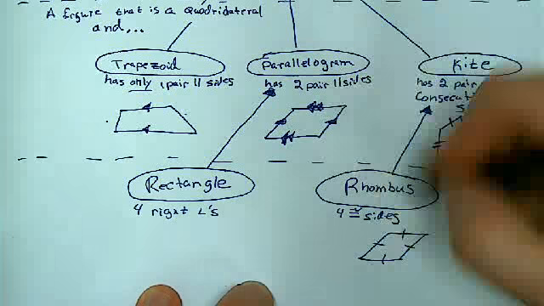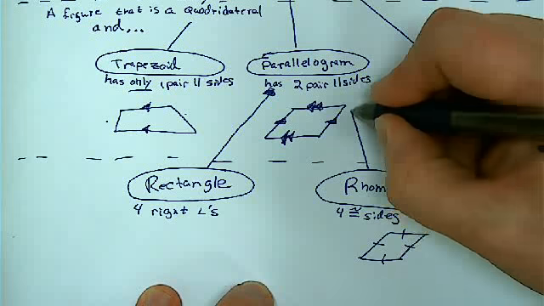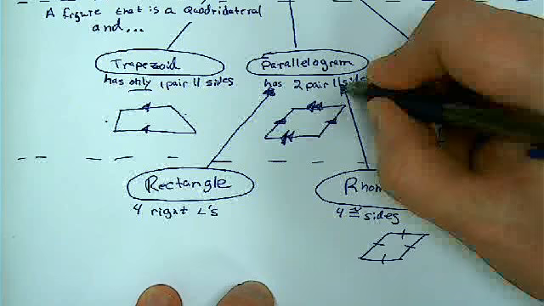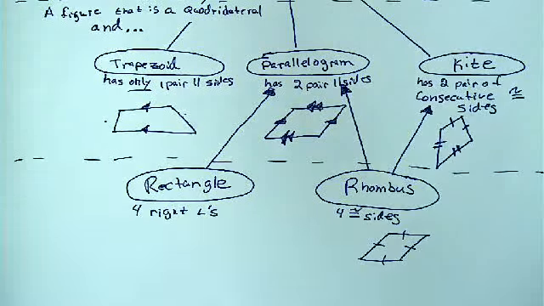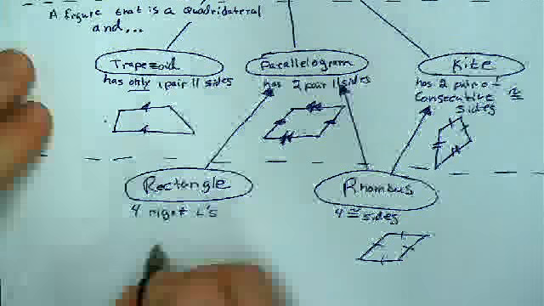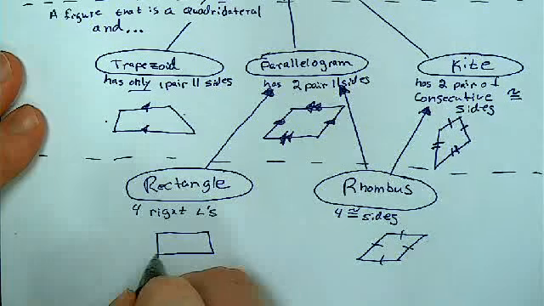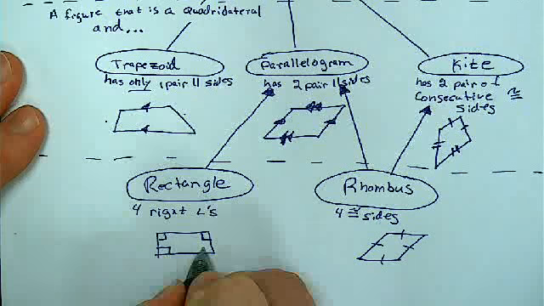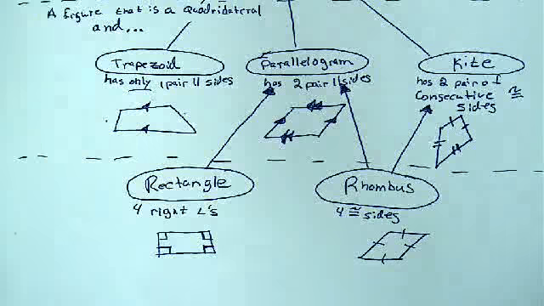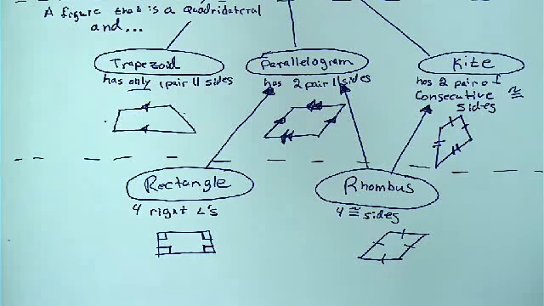And a consequence of having all those guys equal is that the opposite sides are parallel, which makes it a parallelogram. Likewise with a rectangle, if I draw any figure made up of 4 right angles, I'm guaranteed to get a parallelogram. That's just going to happen.